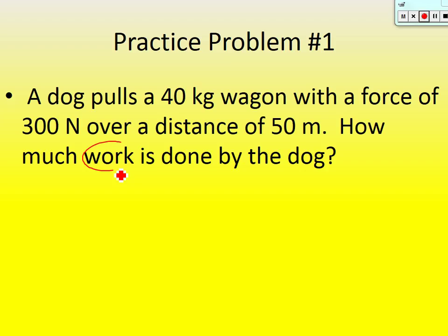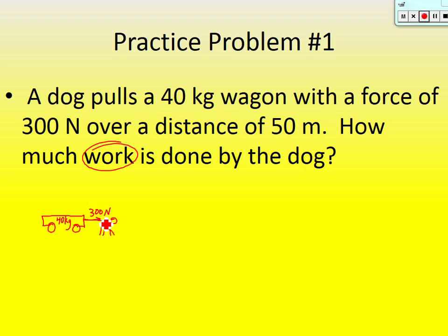Okay, so we're calculating work. What I like to do is draw a picture first of this scenario. Okay, so the dog is pulling a wagon. I'm not a very good artist, but here's my wagon. The dog is pulling it. So there's my dog. It says that the wagon has a mass of 40 kgs, and a force of 300 newtons is what he's pulling it with.